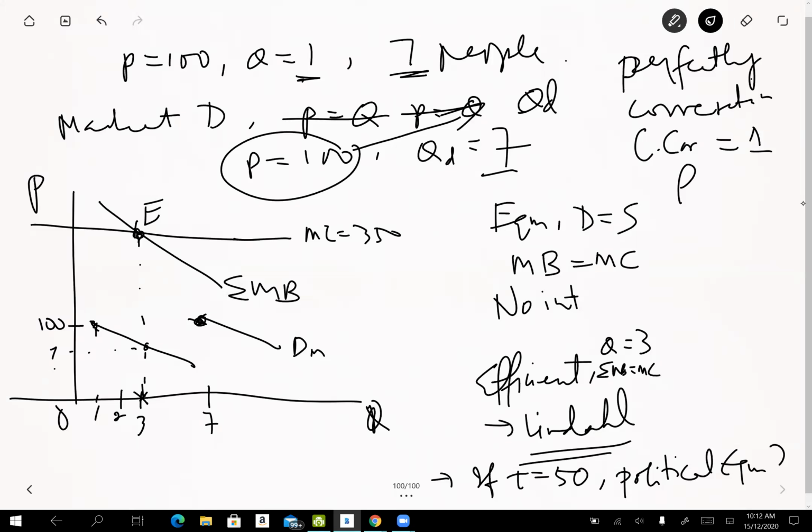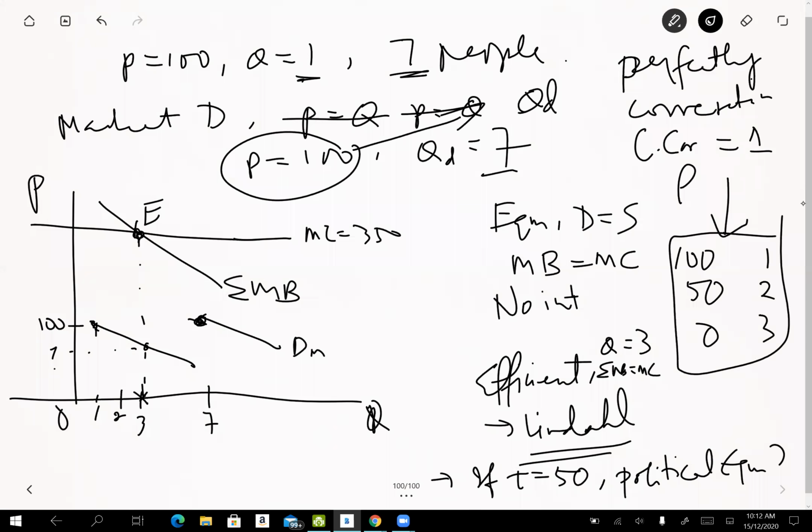If I go by this one, when you have price equal to 100, Q equal to 1. So if this is 50, that will be 2. So it's not perfectly correlated. Perfectly correlated would mean that when we go to 3, that will be 0. So I think what this question is trying to do is this.